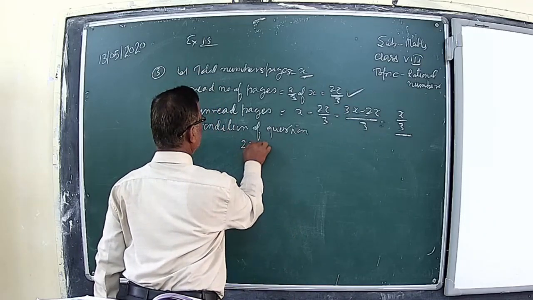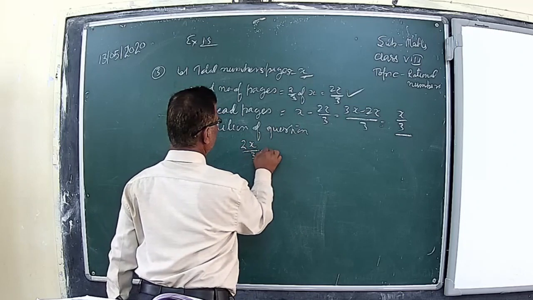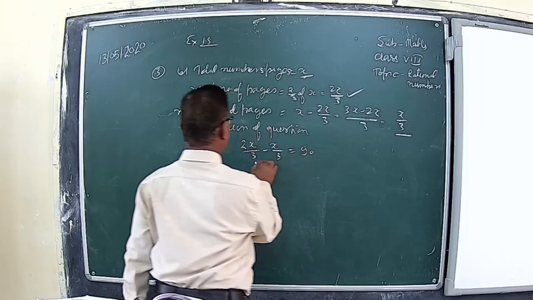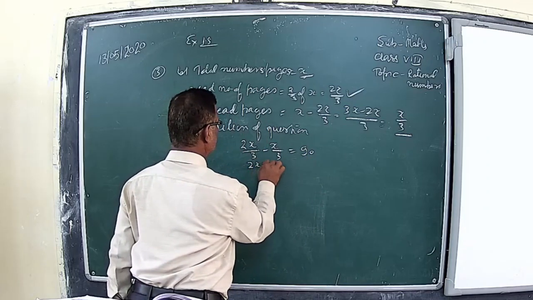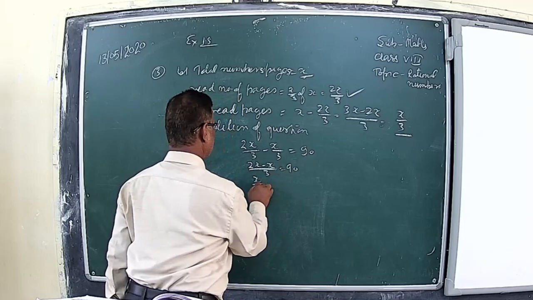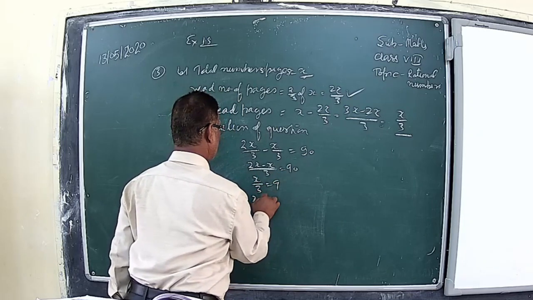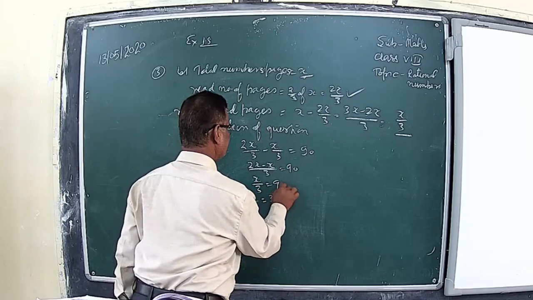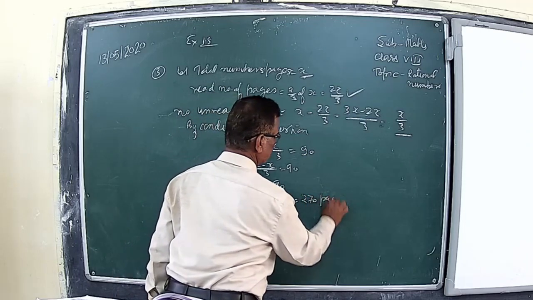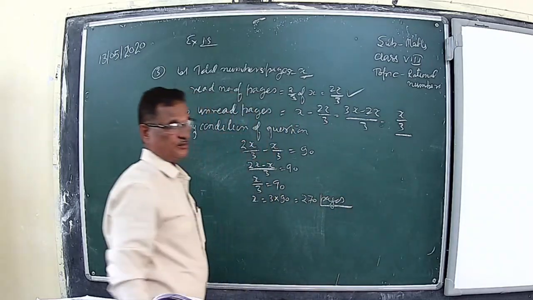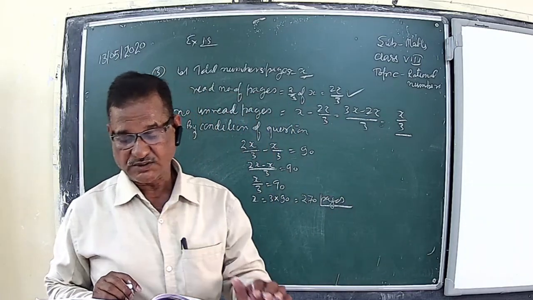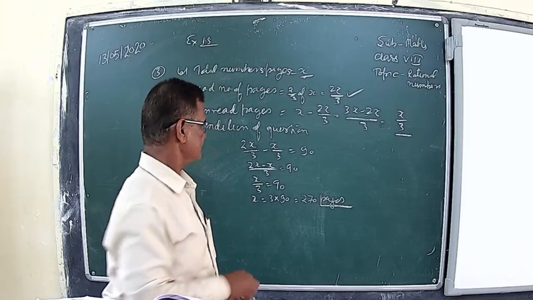Then 2x by 3 minus x by 3 is equal to 90, or 2x minus x by 3 is equal to 90, or x by 3 is equal to 90, or x is equal to 3 into 90, which is 270 pages. Number of total pages in the book is 270. Now see question number 4.